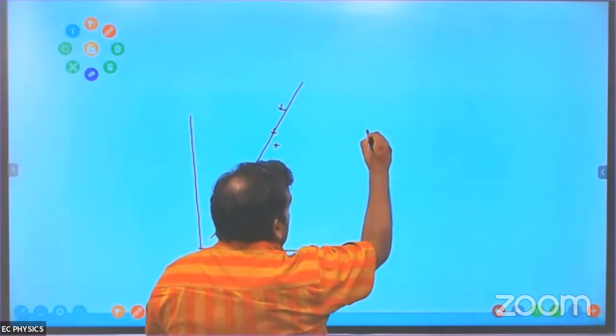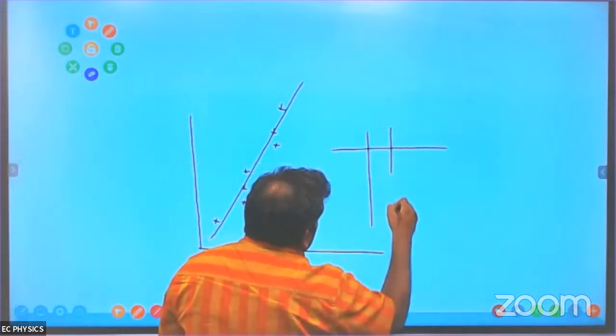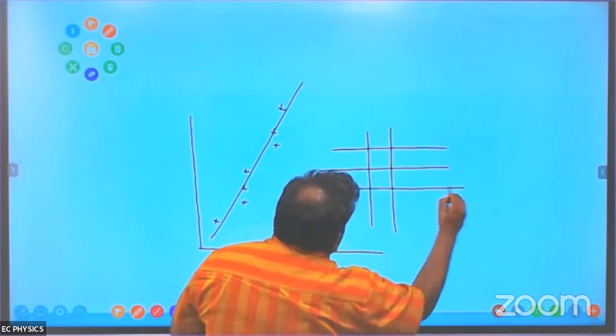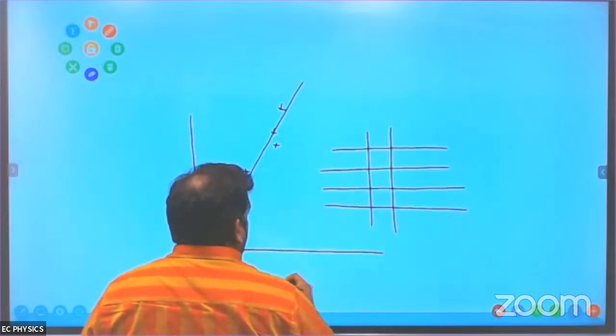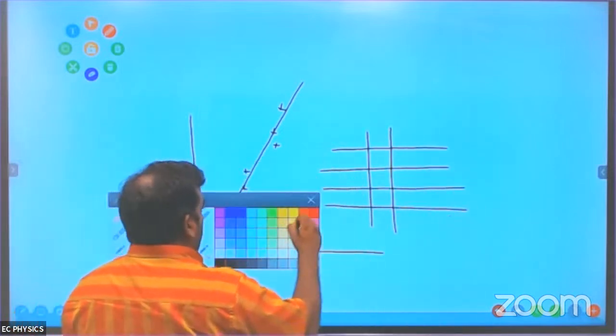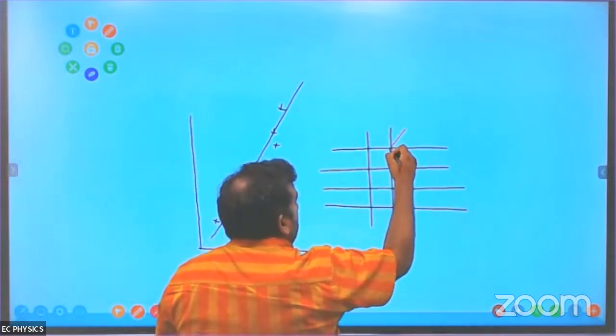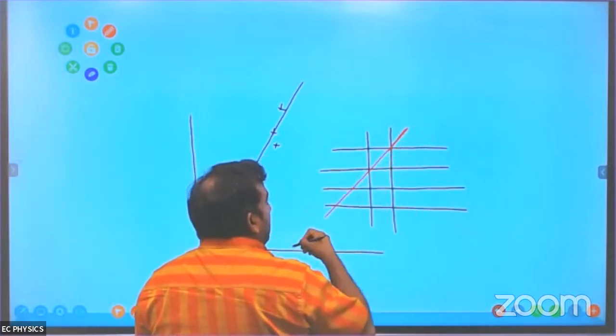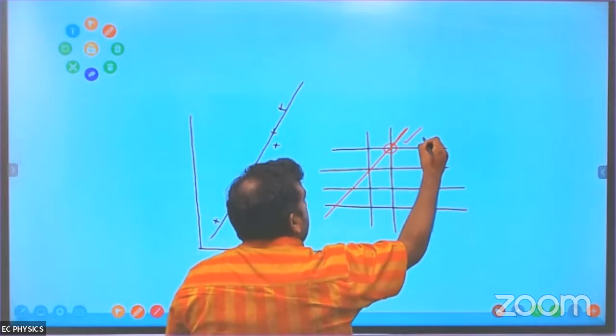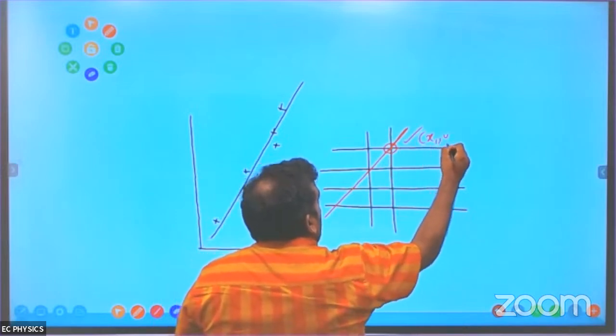And then what you should do is find where exactly the grid lines meet. Now you might have a line which goes through the grid line. This point is taken. X1, Y1.